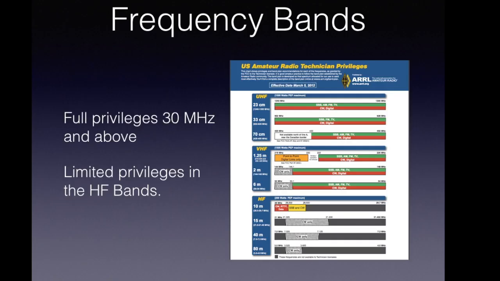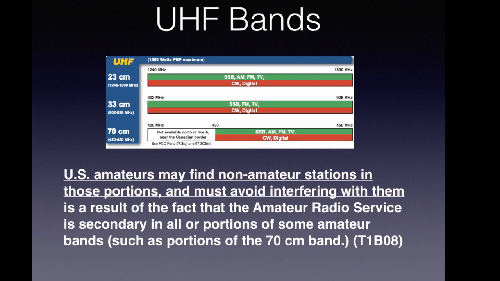As a technician class licensee, you will have full privileges 30 megahertz and above, and limited privileges in the HF bands. Now, there are issues with some of the bands, particularly for people in the northern states, and that's that there are some non-amateur stations in those portions of the bands, and you have to avoid interfering with them.